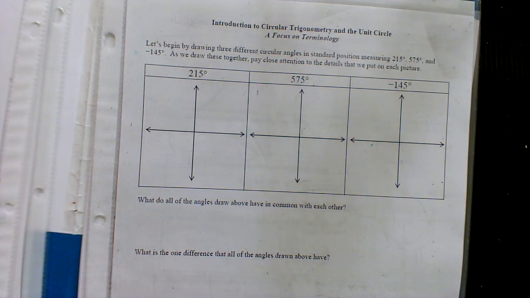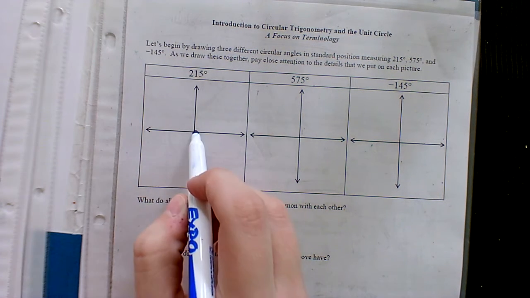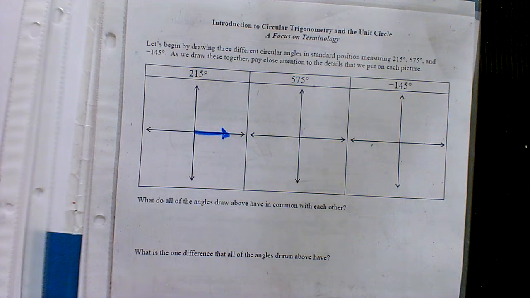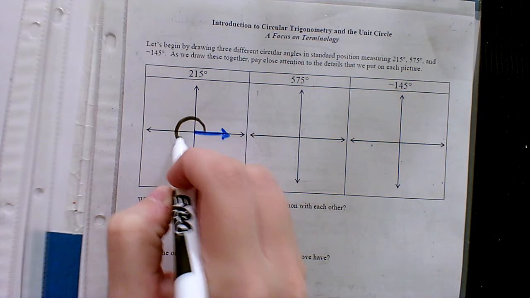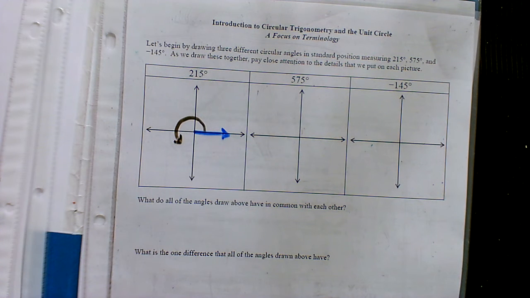So just as a refresher, if I were to draw an angle of 215 degrees, I would start with my initial side. Okay, the one part of the angle is starting on the x-axis, the positive x-axis that is, and I'm going to draw an angle of rotation or arrow of rotation. 215 degrees is a little bit more than a semicircle, aka 180.